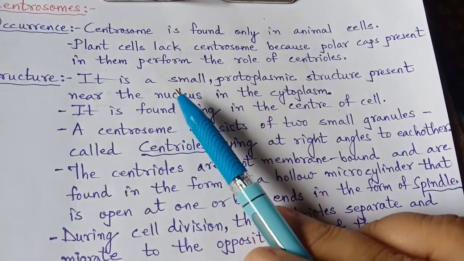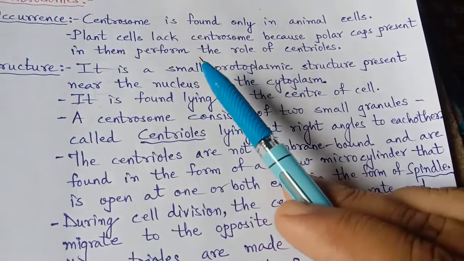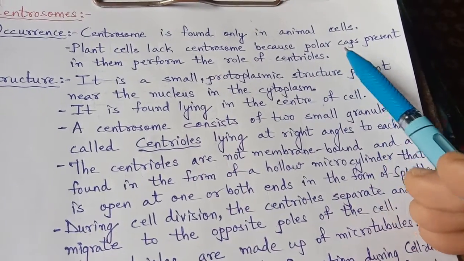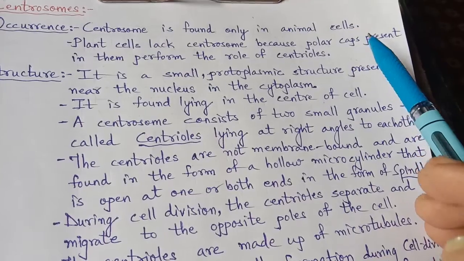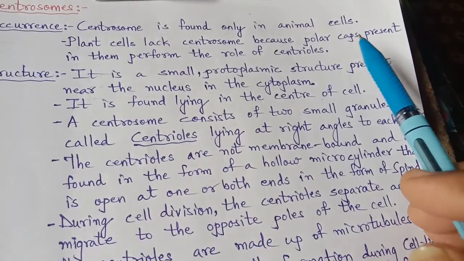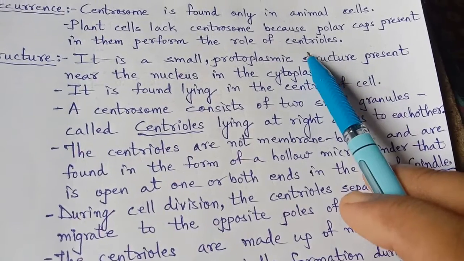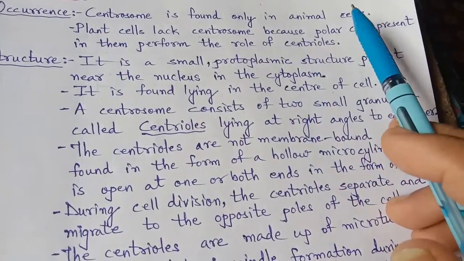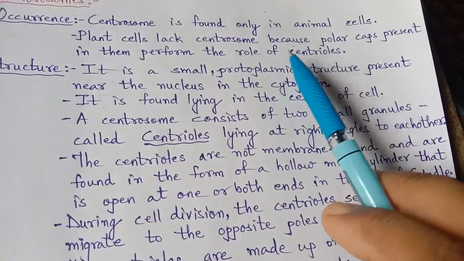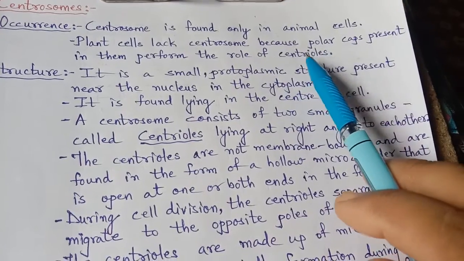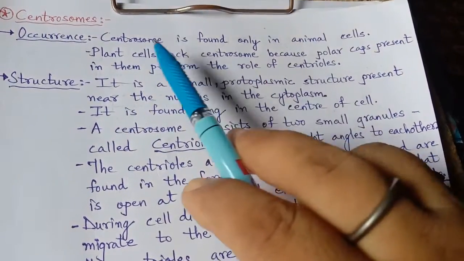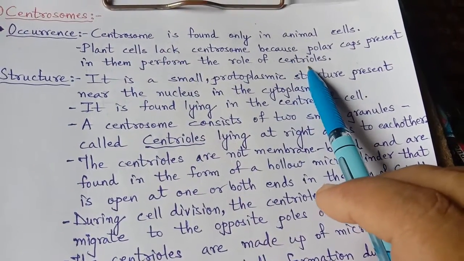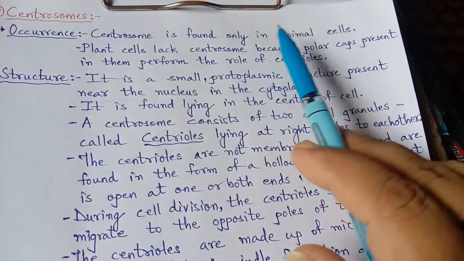In the plant cell, on the polar side, that means at the top and at the bottom end of the cell, there are certain caps, certain substances or organelles which perform the role of the centriole. The role of the centriole is helping reproduction, and in plants these polar caps act as centrioles, so centrosomes are not present in plants, whereas a centrosome consists of centrioles, and that is why they are present in animal cells.